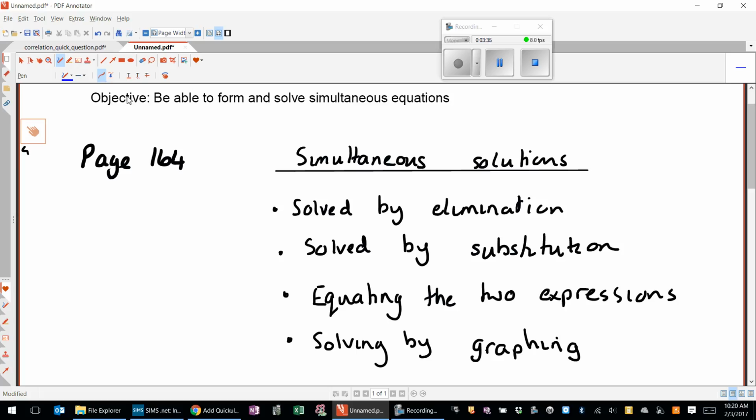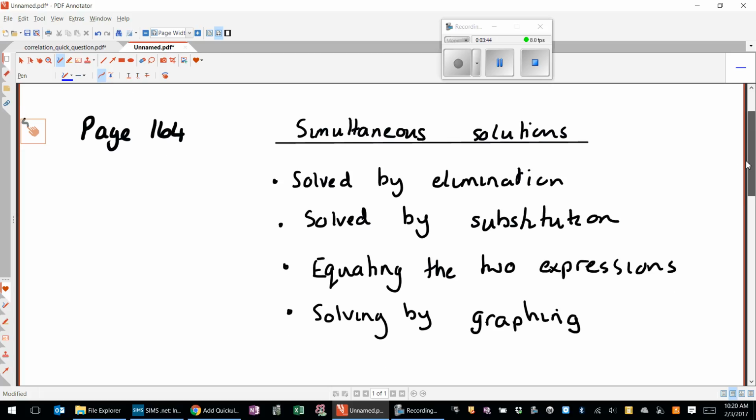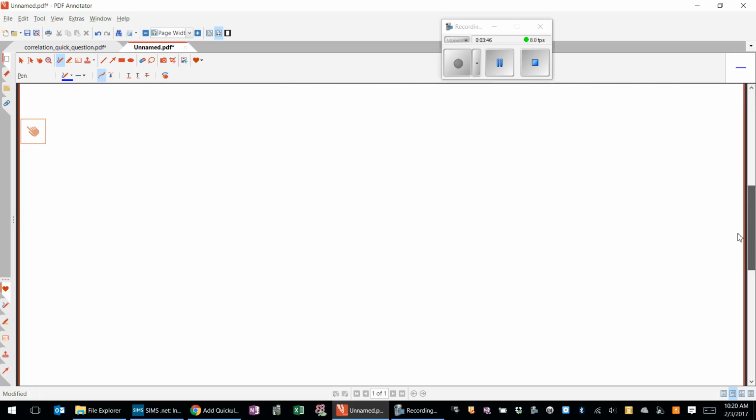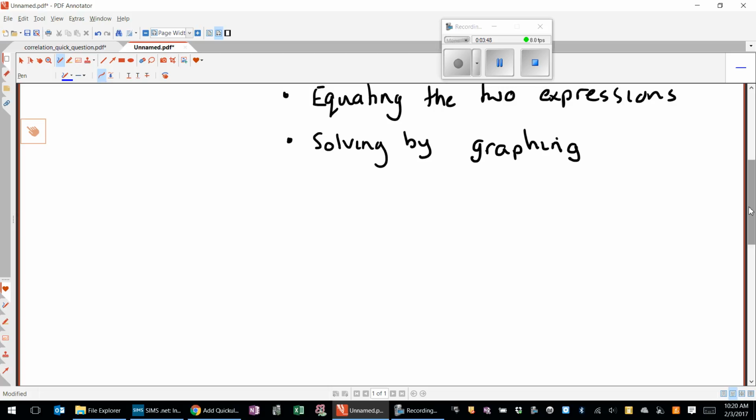Alright, so let's have a look. What we'll do is we'll go through the examples on page 164 and 165 together first, and then I'll let you move on. Okay, so example 19.